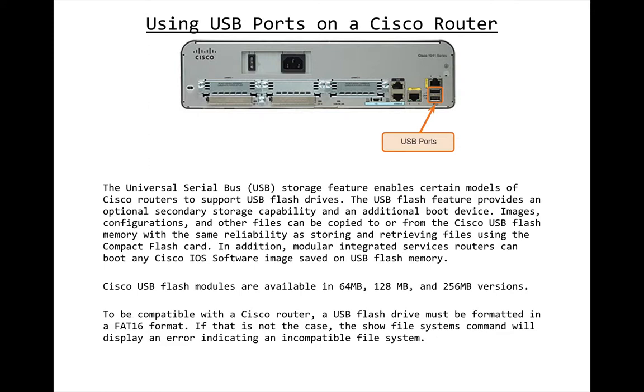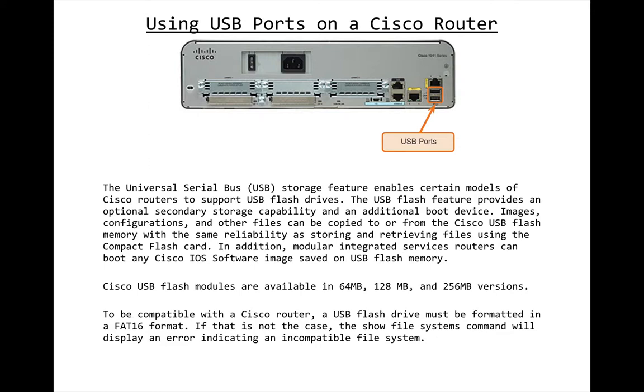Most of the routers will support 64, 128, and 256 flash modules. Some of the newer ones may support larger, but those are relatively small compared to today's standard for just a generic USB flash drive that you might use on a computer. But that's all the space you really need. There's not going to be a lot of stuff that you're storing.